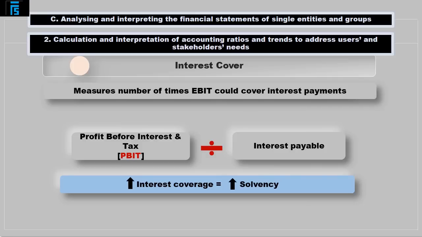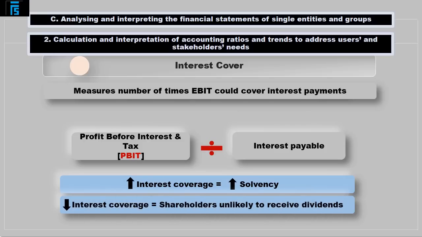A higher interest coverage naturally indicates stronger solvency, offering greater assurance that the company can service its debt from operating earnings. A low interest cover may be a signal that the company's shareholders are unlikely to receive dividend distributions, as most of the company's earnings before interest and tax are paid out to lenders in the form of interest.